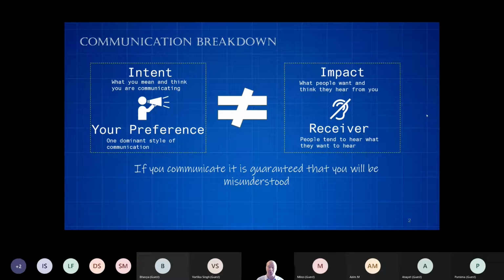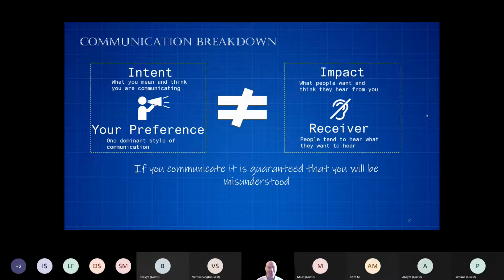This applies equally for spoken word communication as well as written word communication. In fact, it's even harder with written communication. The difference is because we all have different communication preferences, and we're all looking for certain pieces of information. We'll naturally tend to pick up on the information that's either good for us or pleasing to us.